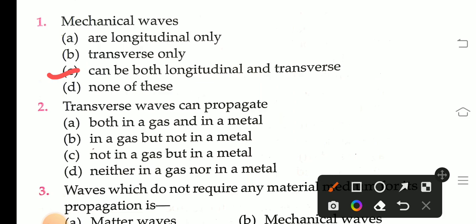Next, transverse waves can propagate. Right answer will be option C. Not in a gas but in a metal.